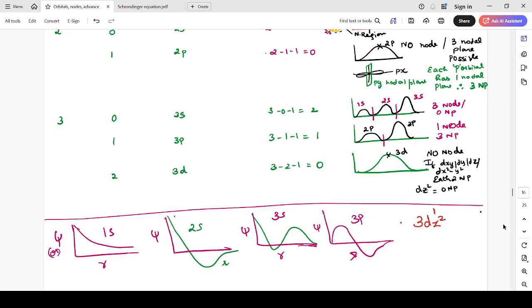Nitish, am I audible to you? I'm asking you to write the quantum numbers for the specific representation. Okay, ma'am. N is 3.